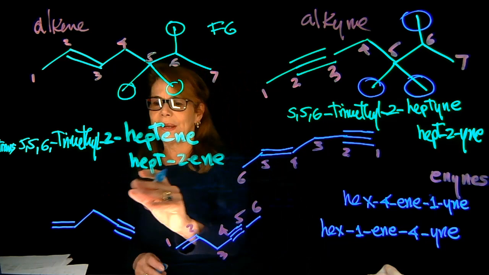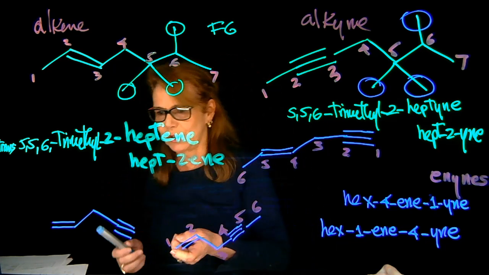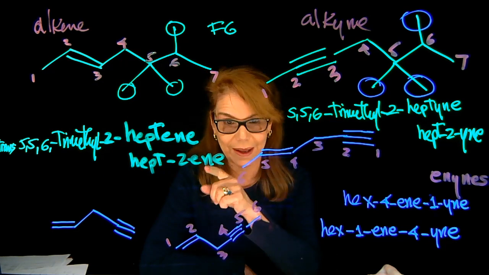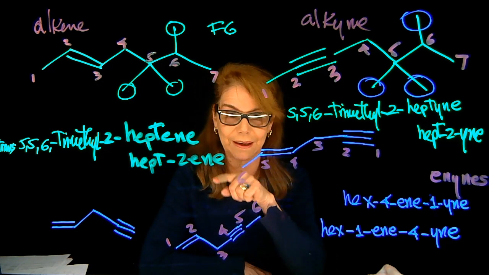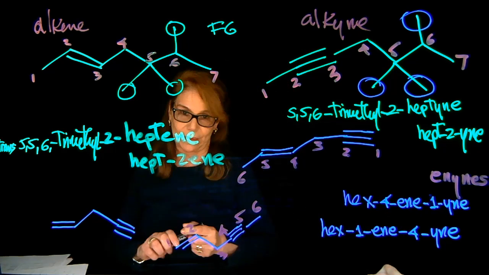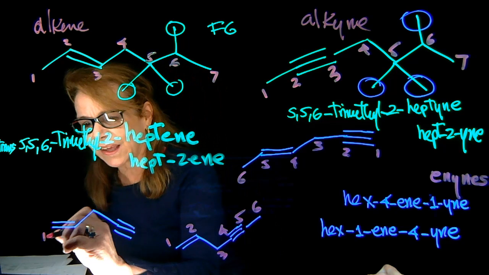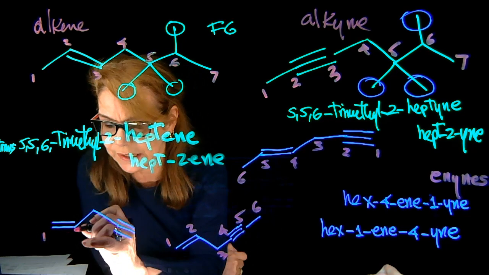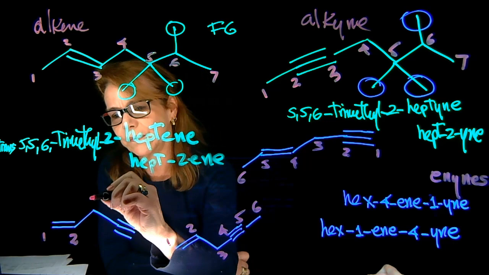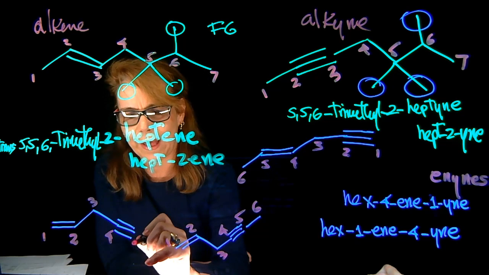But what if we have a compound in which both the alkene and the alkyne are terminal? Well, in that case, the alkene takes priority. The name is always enyne, so let's number that. Chain with the alkene having priority, and that's just a rule from the IUPAC. So 1, 2, 3, 4, and 5.